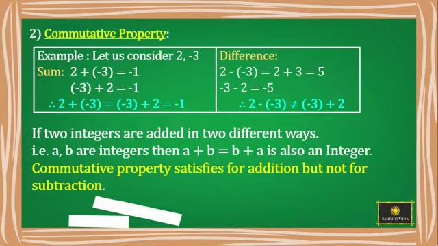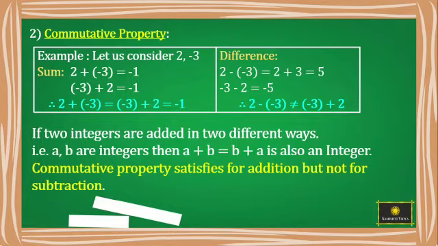Therefore, 2 plus minus 3 is equal to minus 3 plus 2. See the order, children. We can add the numbers in two different ways. Anyway, the result is same. If a and b are any two integers, then a plus b is equal to b plus a. This is called the commutative property of addition.